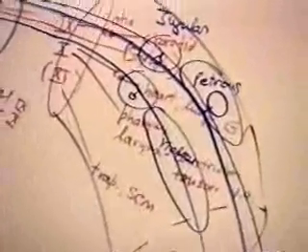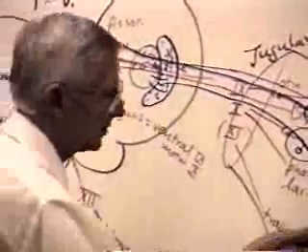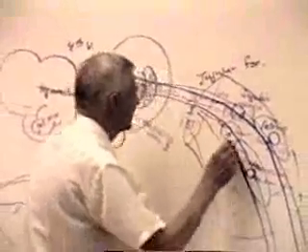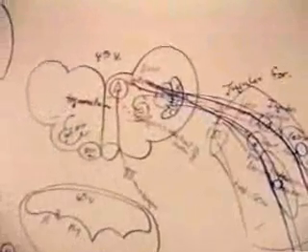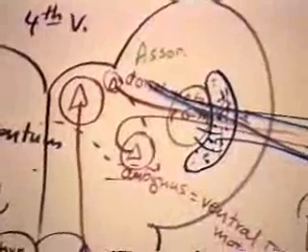These come in to the 9th and 10th cranial nerves, along with the others, parallel to the motor ones going out.